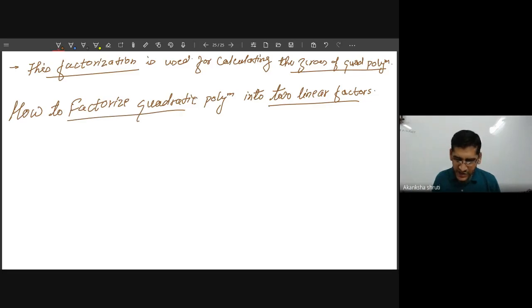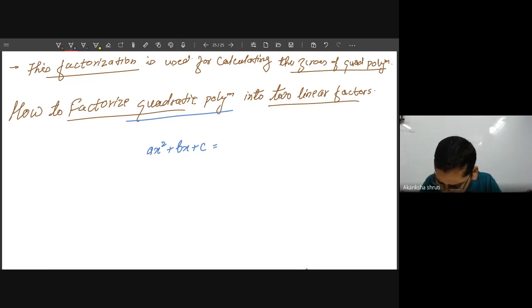Students, in general, we will observe that whatever the general form, the quadratic polynomial is written as ax square plus bx plus c. If we factorize it, it will give one bracket where x is present, and x may have some multiple.